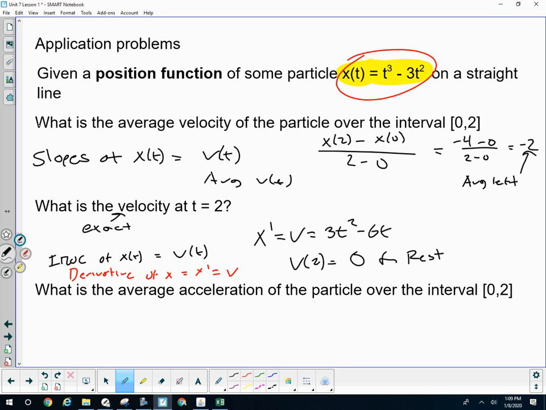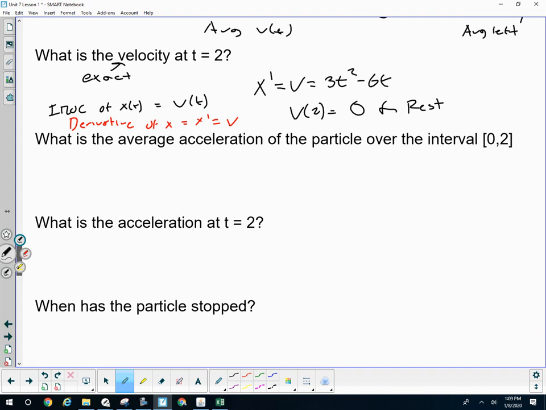Okay, so we talked about slopes of position give us velocity. Well, slopes of velocity will give us acceleration. We have 2 questions about acceleration, an average acceleration and an exact acceleration. So just write down that slopes of velocity will give us acceleration.